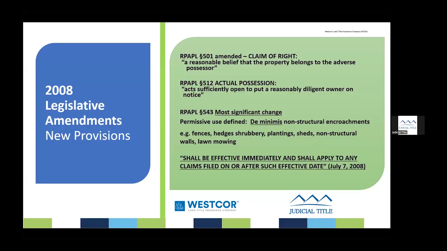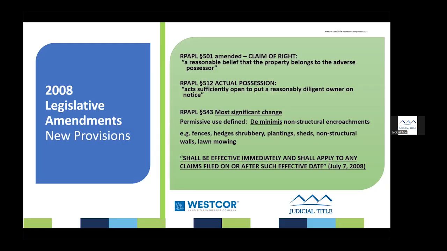So you used to be able to cultivate or just improve property, but that has been removed and replaced with acts that would put a reasonable owner on notice. So not just something incidental that somebody might not pick up on. And again, another change is the enclosure requirement and added de minimis section.